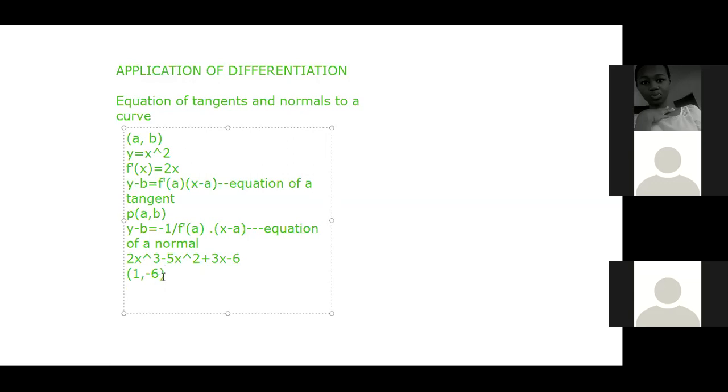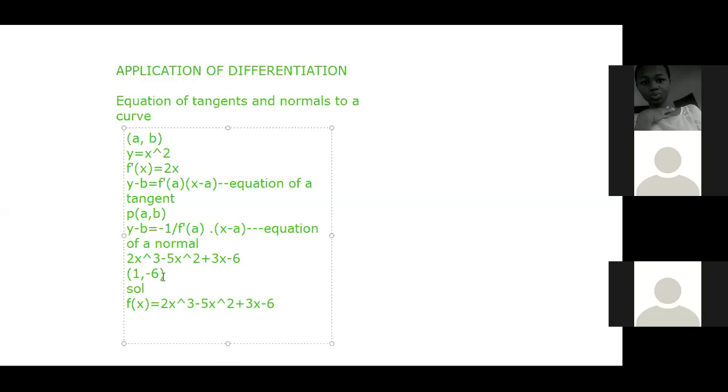So let's do our solution. f of x is given by 2x raised to the power 3 minus 5x raised to the power 2 plus 3x minus 6. So that's what we've been given.